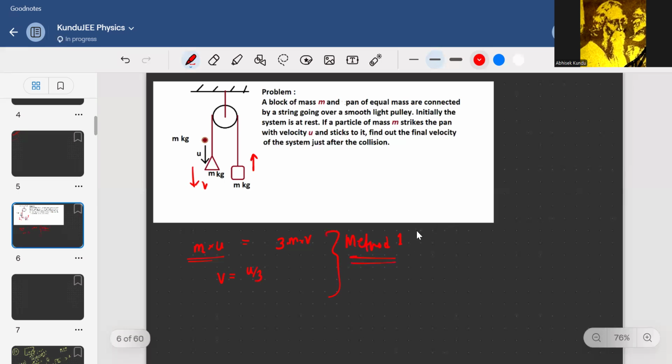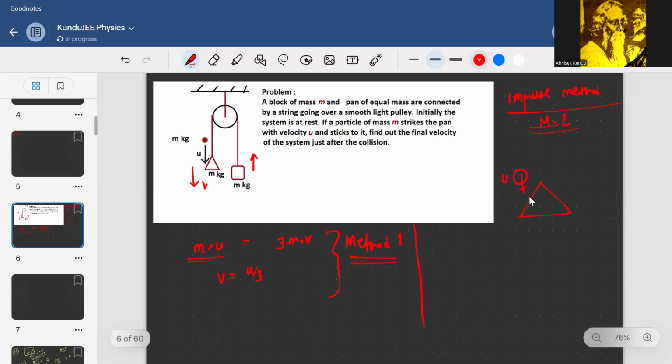Now we'll try to solve it with another method that is called the impulse method. What is method 2? We'll try to see what happens at the moment the particle hits the pan. The particle is hitting the pan with velocity u.